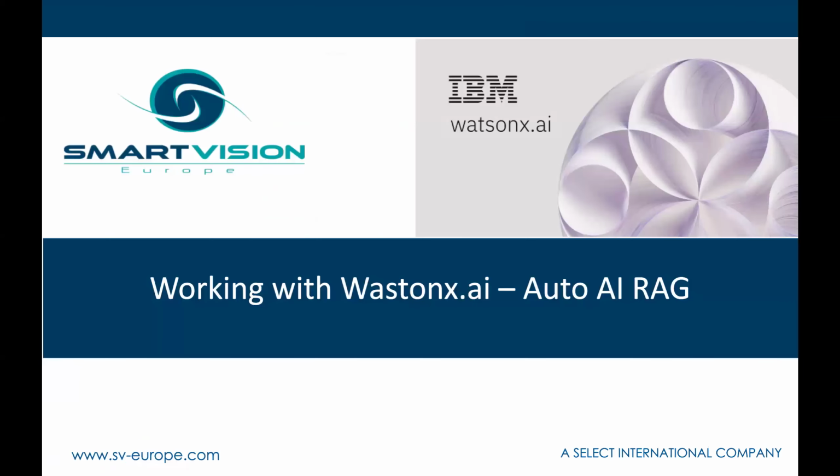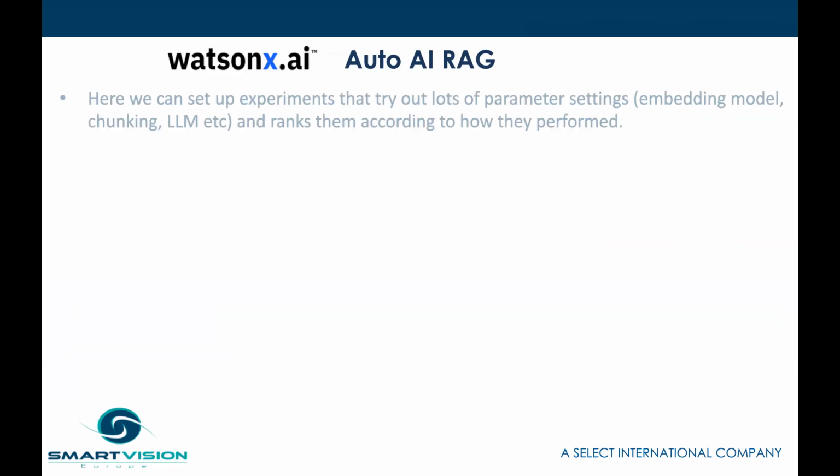And that leads me to the auto AI RAG approach. So the auto AI RAG approach is doing very much a similar thing to what we were doing there for the prompt lab, where we create a vector database, etc. But this time we're setting up experiments, if you like, that try out lots of parameter settings. That means trying different embedding models.